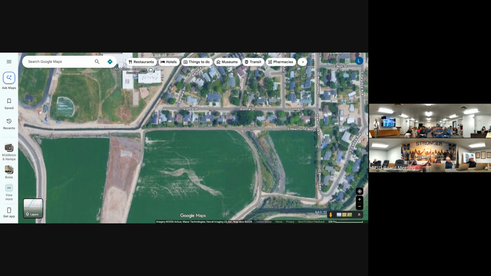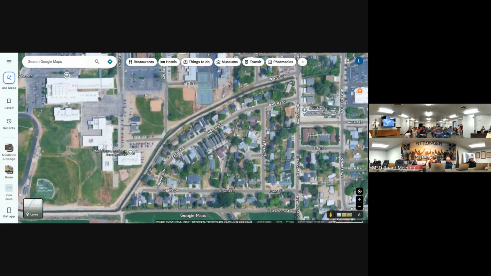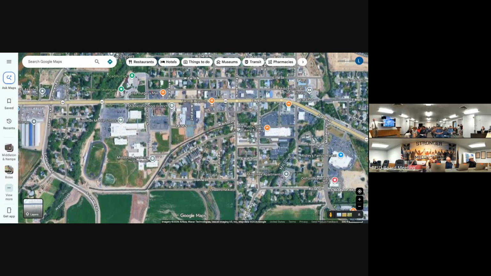Some of those ideas might require capping that, so you'd be running over the top. Some might require the ITD purchasing some of those properties. Some might require slight adjustments to our actual Middleton Academy building. All of that would be worked out down the road as far as what that could look like, and none of it's set in stone.